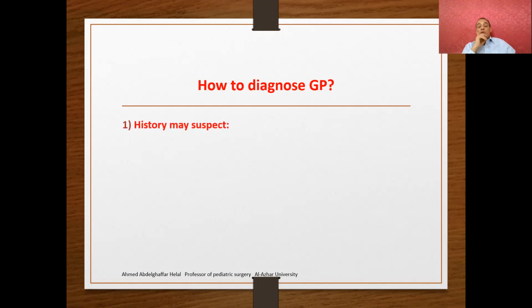How to diagnose gastric perforation? History is very important in such cases. History may make you suspect iatrogenic perforation: a recent intervention, a recent trial of difficult nasogastric tube insertion, a recent respiratory problem with CPR or positive bag ventilation.